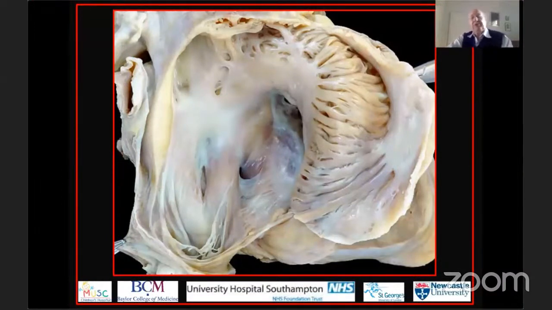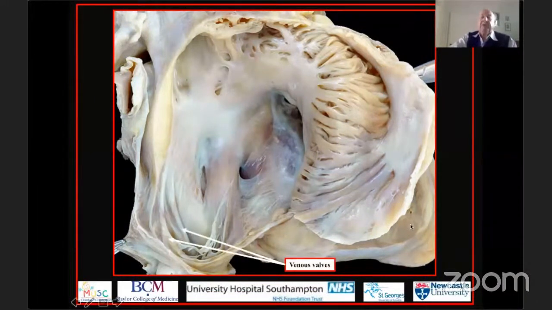I hope you'll appreciate that here I've opened up the right atrium. It's one of the lovely photographs taken by Diane Spicer. If we look into the right atrium in this particular heart, we can see both venous valves. I'm going to emphasize the venous valves because it is with the appearance of the venous valves during development that we can recognize the boundaries of the systemic venous sinus.